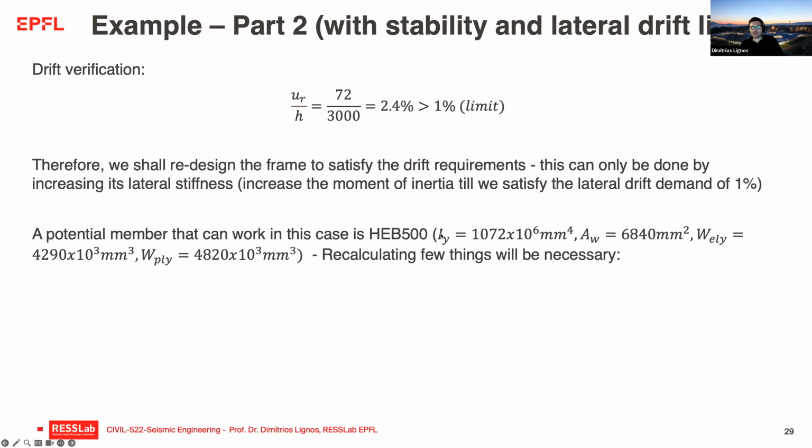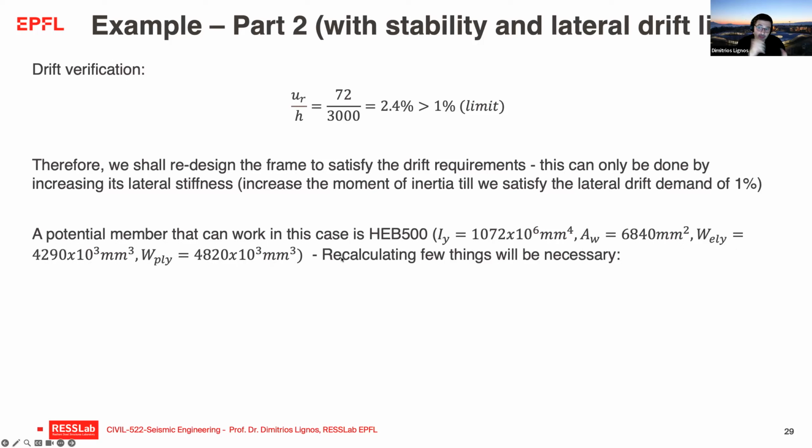And if I use SZS C5, I can in fact derive the geometric properties of this one, which is going to be a moment of inertia of 1072 times 10 to the power of 6, an area of 6,840 millimeters square. The elastic section modulus 4290 times 10 to the power of 3, and the plastic section modulus for reference 4820 times 10 to the power of 3 millimeters cubed.